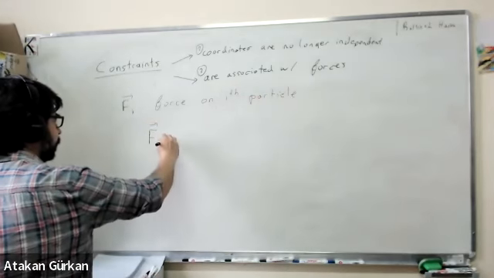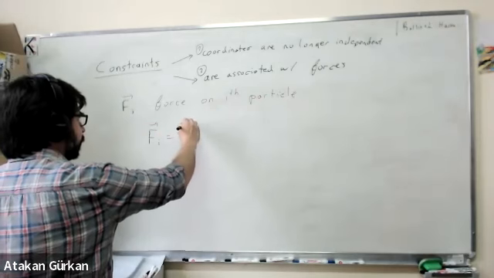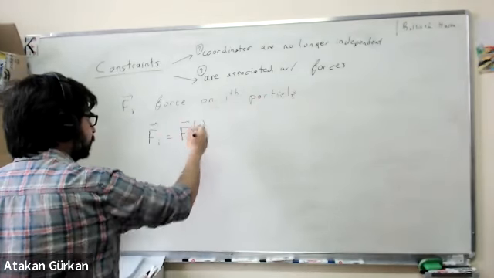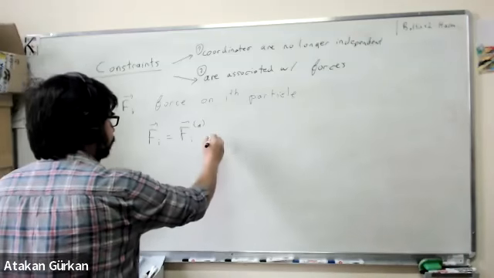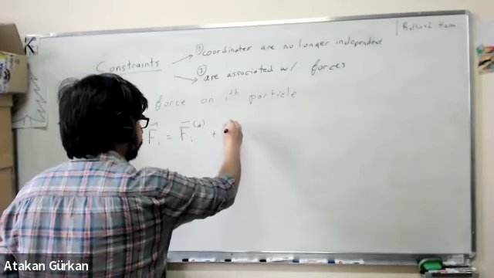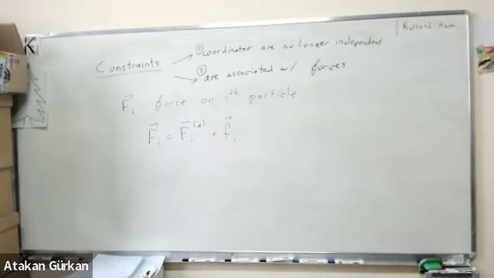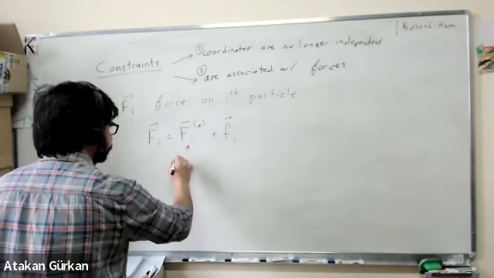Fi is going to be Fi with a little a in the superscript, sorry, for applied force, plus the force that's coming from the constraint. So this is the applied force.